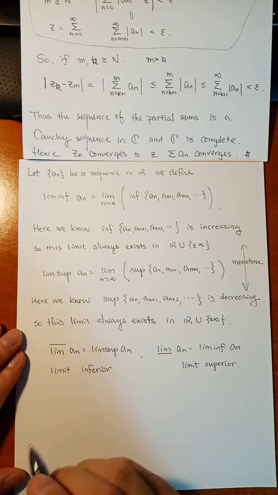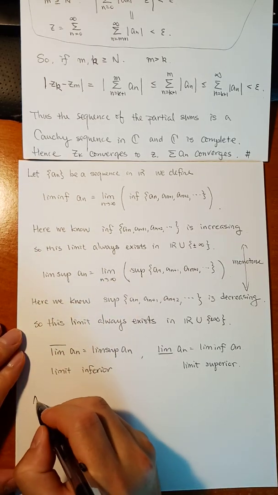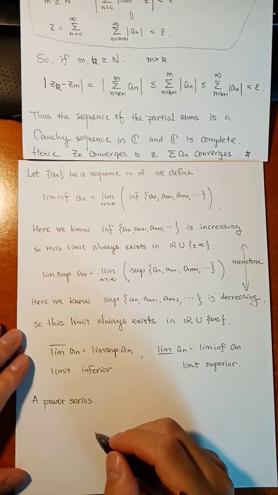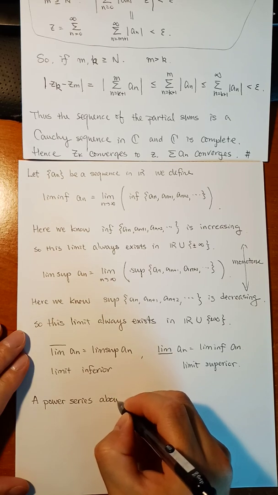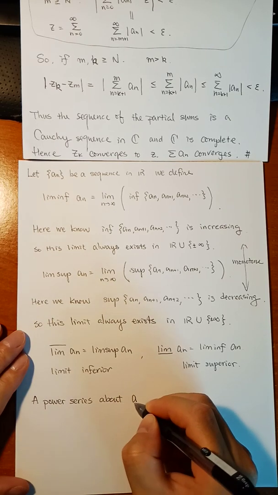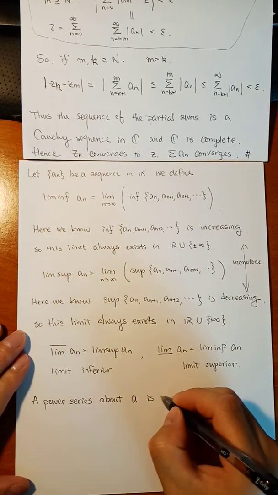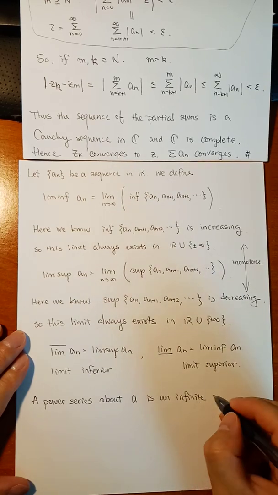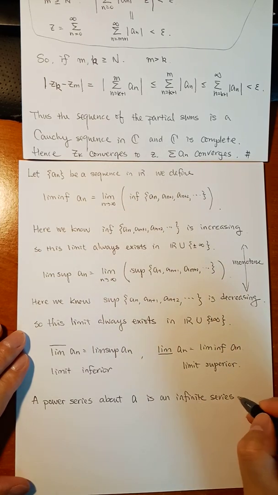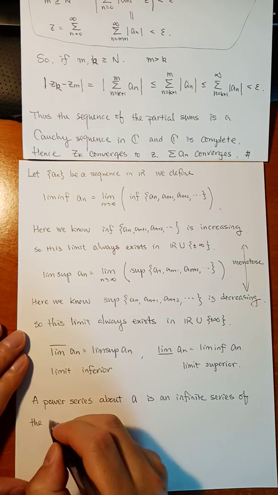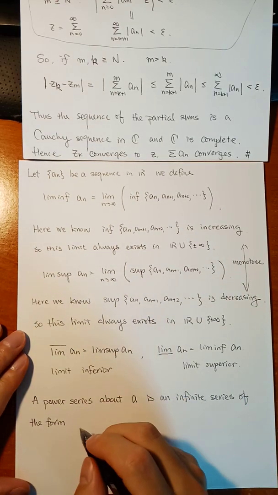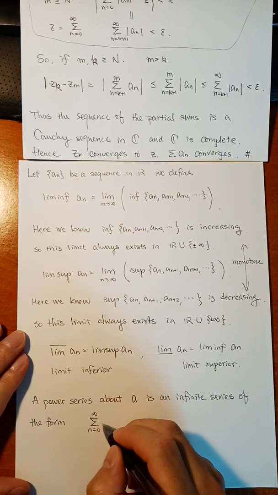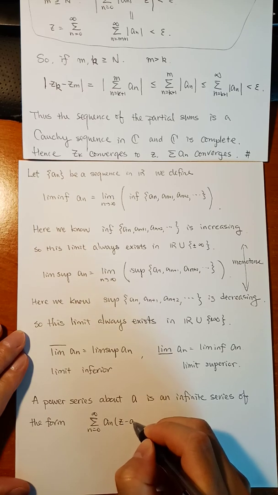Okay, now let's see a power series. A power series about a number, a complex number a, is an infinite series of the form sigma n from 0 to infinity of a sub n times z minus a to the nth power.